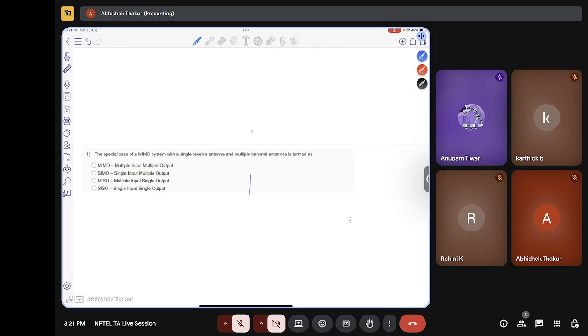In a MIMO system, at the transmitter end there will be, let's suppose, M output antennas, and at the receiver end there will be N input antennas. Now these antennas can transmit to all the users or some of the users, based on whether the user lies within the cell of that transmitter antenna.